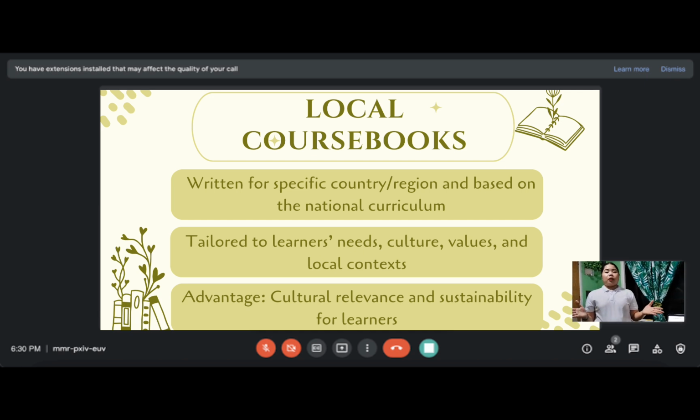For example, a Filipino English course book may include stories, names, or traditions that are familiar to Filipino learners. Another example, in the Philippines, an English course book might include Filipino stories set in a Filipino town and use names like Juan, Maria. So students feel that the content is familiar.